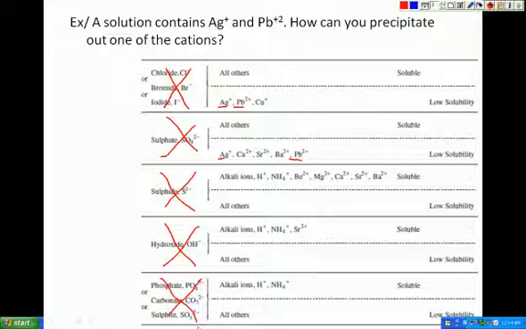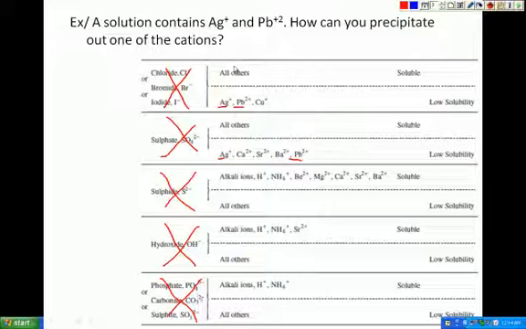So this is a bit of a trick question. How can you precipitate out one of these cations? The answer is, based on just this table, we can't separate silver and lead. Now there might be another chemical out there that is not on this table, where one of them will have low solubility compared to the other, which will be soluble.